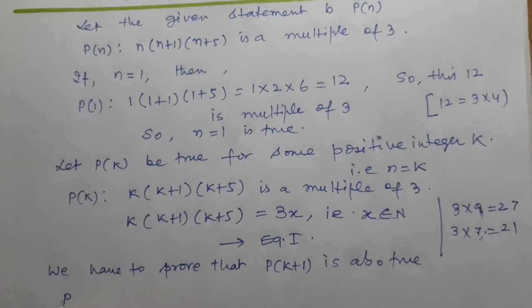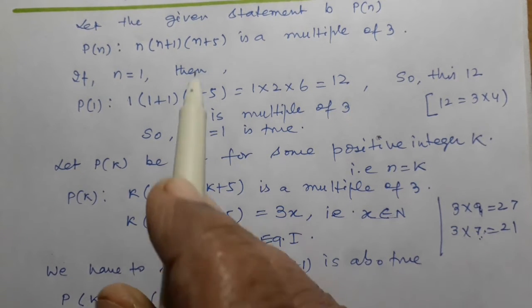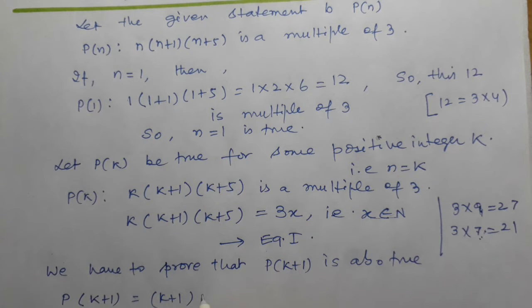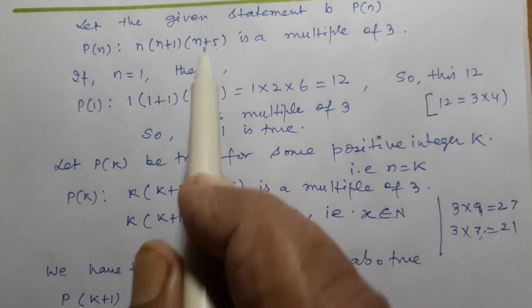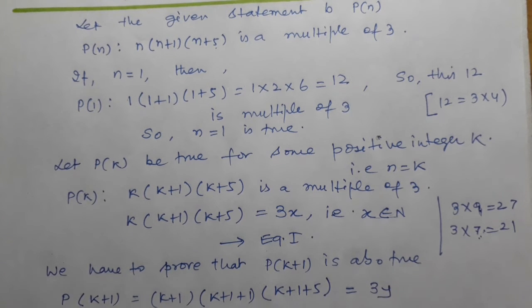So for P of k plus 1, it is n, so we shall write here k plus 1, it is n plus 1, so we shall write k plus 1 and plus 1, and it is n plus 5, so we shall write k plus 1 plus 5, right? For this we shall take it as y, a multiple of 3 is equal to y.